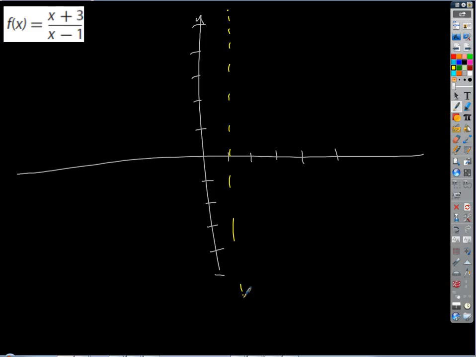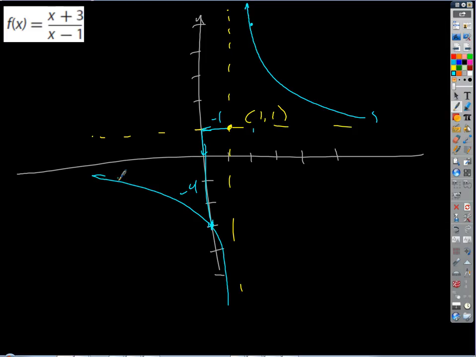And a horizontal asymptote at 1, and they crossed at the point (1, 1), right? And if we went over 1, we went up by 4, right? So it looked like that, and if we went backwards 1, we went down by 4. So we got a point there. So it looked like that.